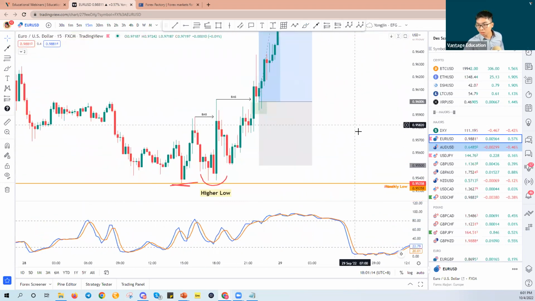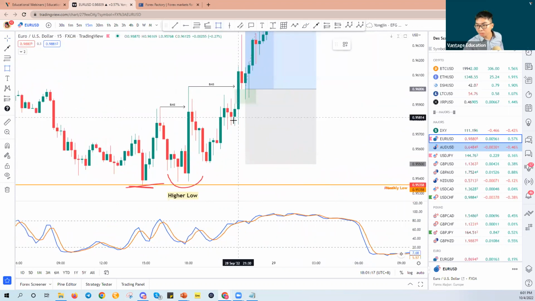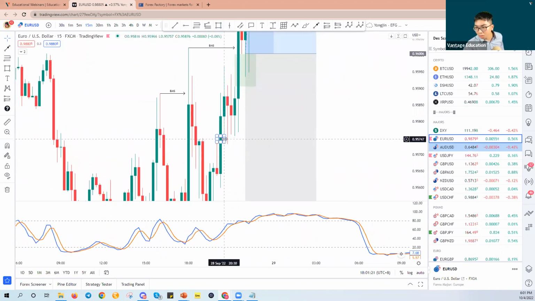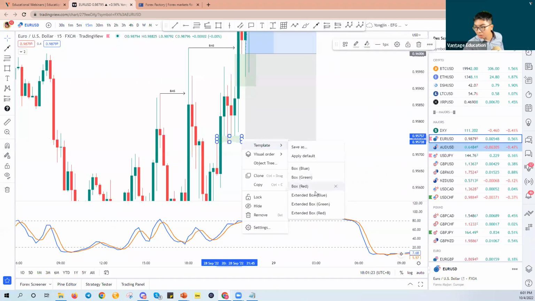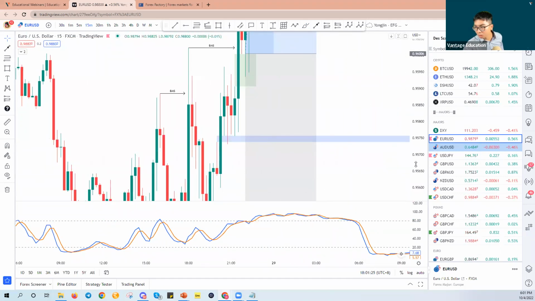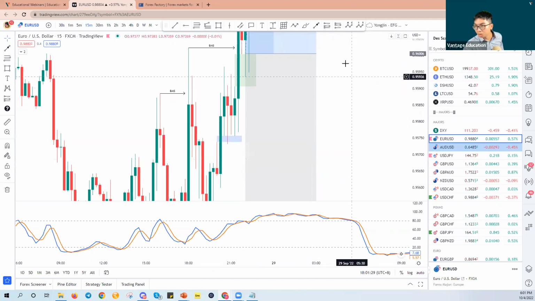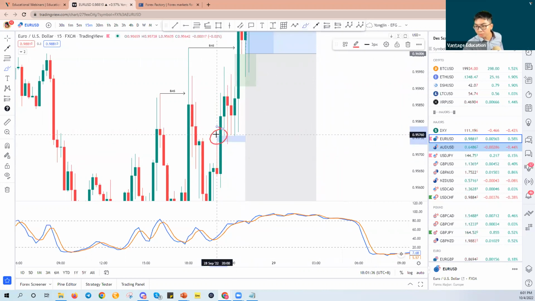And look at the clean market movements. We have the market imbalance on the 15 minutes cleared nicely. This is not extended, box blue. You can see price came down and cleared the small market imbalance.